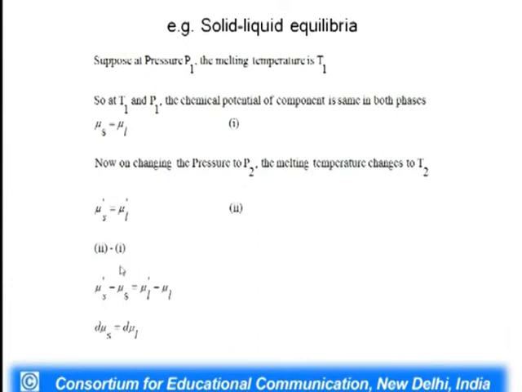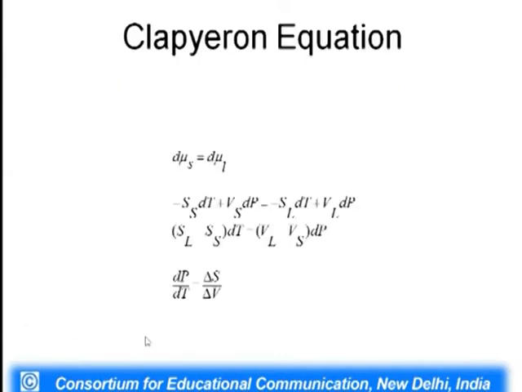Mu s dash minus mu s is equal to mu l dash minus mu l, and this is what is known as d mu s is equal to d mu l. So, between two different sets of conditions for equilibria, we have d mu s is equal to d mu l, and that leads to what is known as the Clapeyron equation.